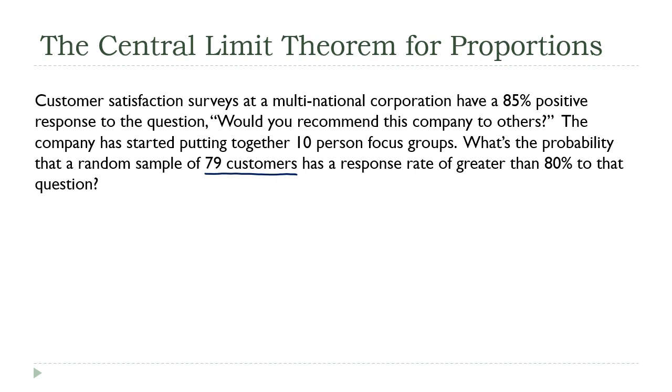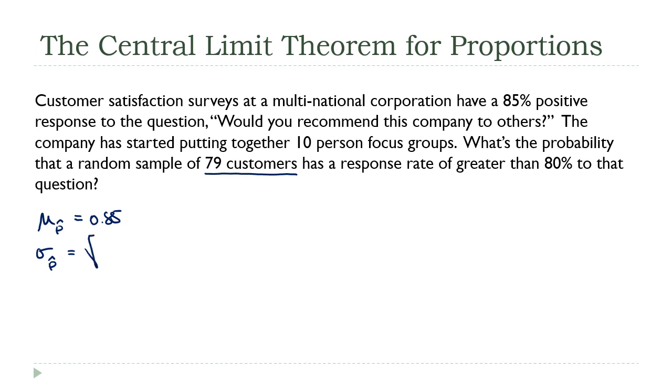Okay, so now what am I going to do? Well, let's see. I need my mean and my standard deviation. Well, the mean of the sampling distribution is just P. That's 0.85. And the standard deviation of the sampling distribution, we get that with our formula.